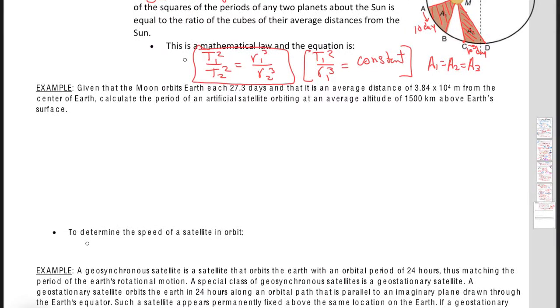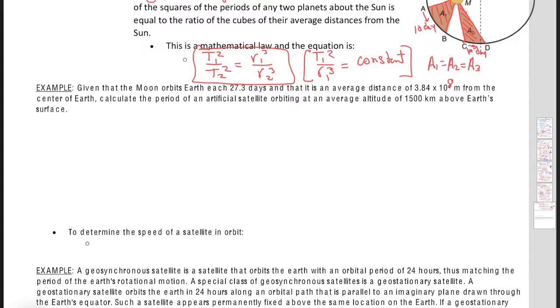So this question says, given that the moon orbits Earth each 27.3 days and that it has an average distance of 3.84 times 10 to the 8th meters, this should say 10 to the 8th, not to the 4th, from the center of the Earth, calculate the period of an artificial satellite orbiting at an average altitude of 1,500 kilometers above Earth's surface.